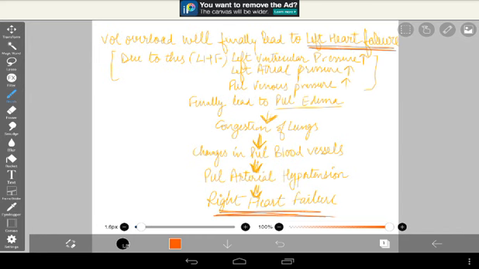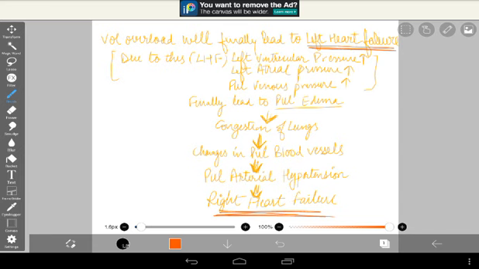Initially, the left ventricle and atrium tackle this volume overload and keep maintaining the normal cardiac output, but with time they are not able to cope with this overload of volume, and finally it leads to left heart failure. Initially they try to cope, but as the disease keeps progressing, left heart failure will occur.